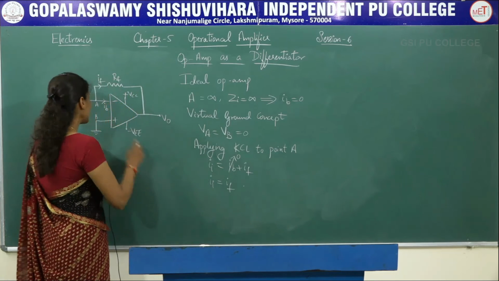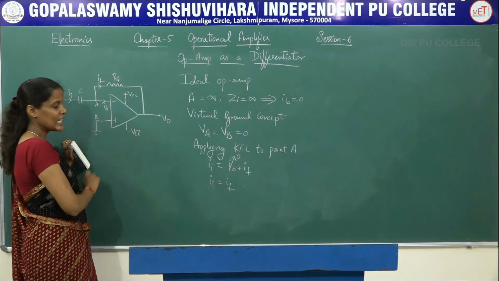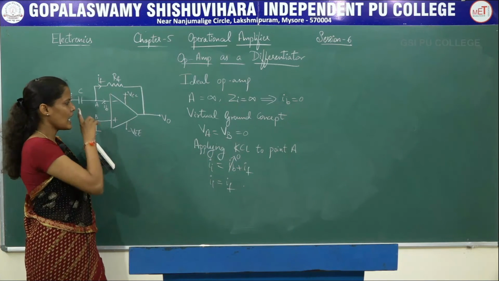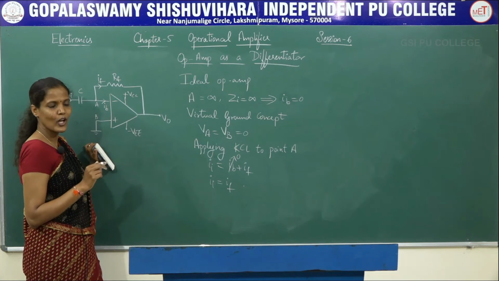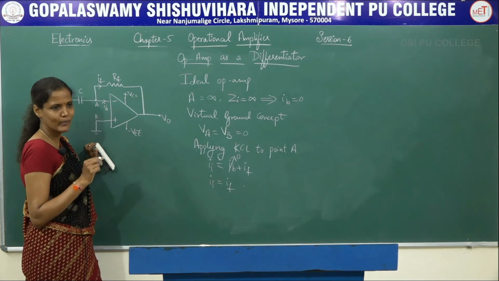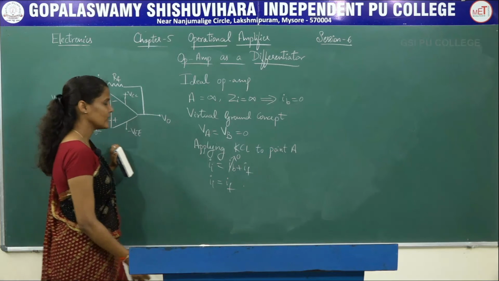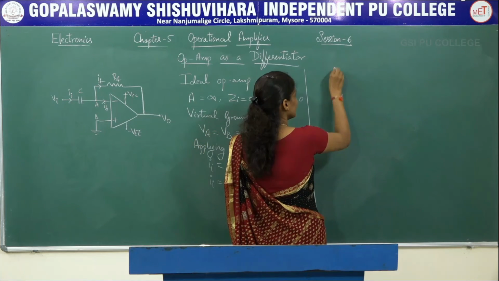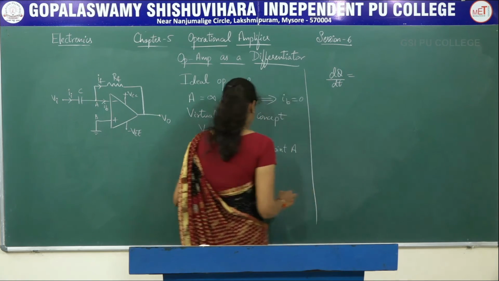So what is this Ii? Ii is nothing but the current which is flowing through the capacitor C, and that current helps in charging the capacitor. In the first year itself we saw about the charging and discharging of a capacitor. So this current Ii is charging the capacitor, so that Ii will be written as dq by dt, which is equal to If.